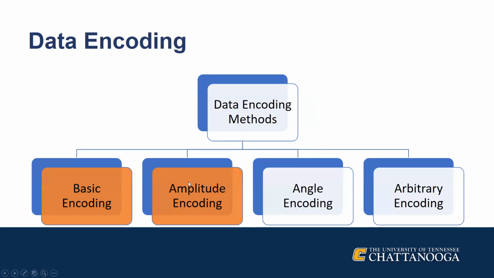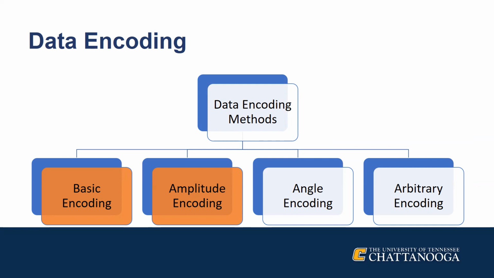So data encoding is basically an essential part of quantum machine learning, and it has different methods. We have basic encoding, amplitude encoding, angle encoding, and arbitrary encoding.